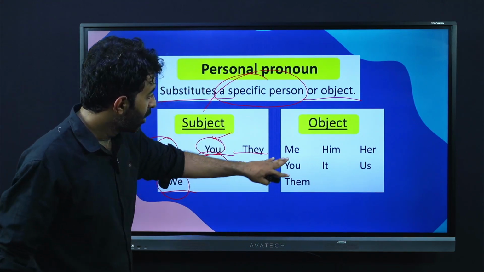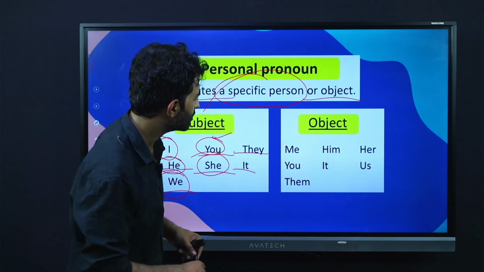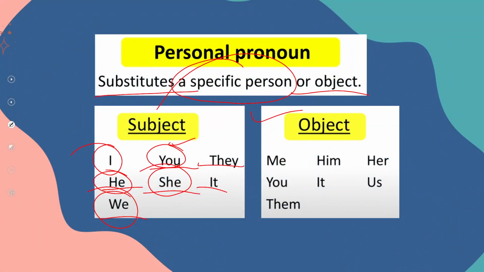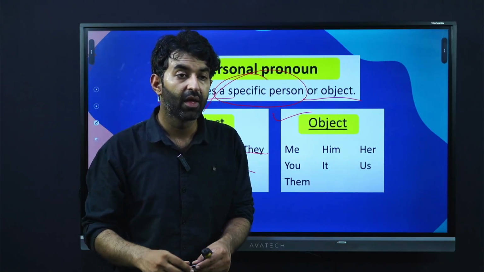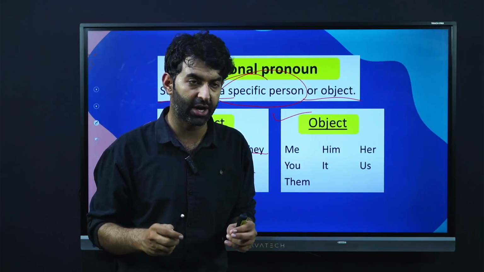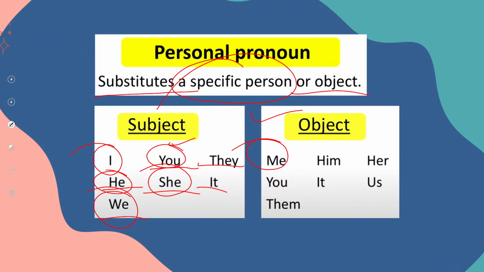Now, when we are using objects, like when we are talking about something directly or indirectly, that would be our object. For example, these words: me, him, her, you, it, us, them.